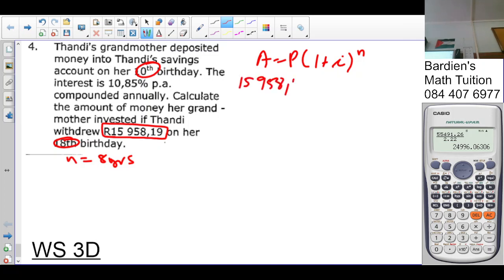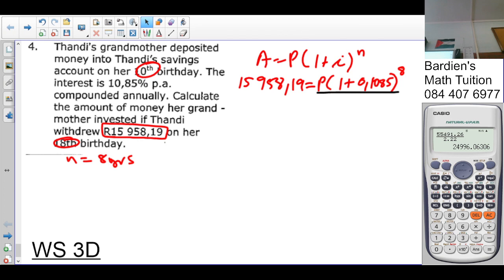Alright, so what do we have here? 15,958 rand and 19 cents equals P into 1 plus 0.1085 to the exponent 8 years. So how do I get P on its own? Divide by this bracket here, not so?